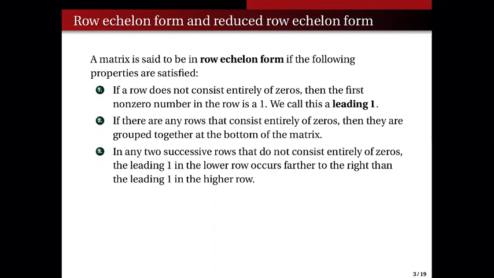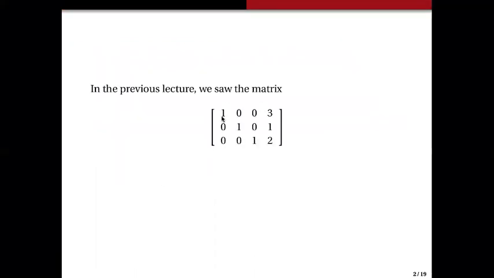Let's look at the example again. This row here is a non-zero row. This is also a non-zero row. So first row, second row. It says that the leading one in the lower row, in these two rows here, this is the leading one. This is your lower row, correct?